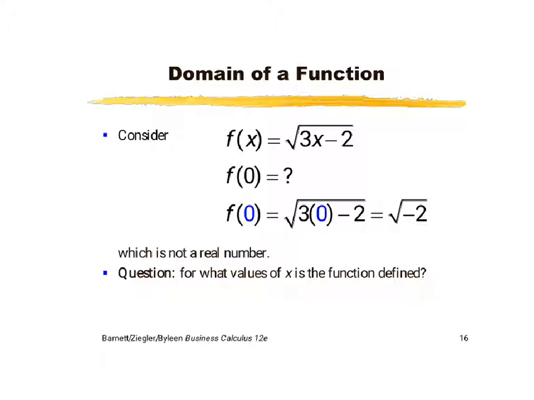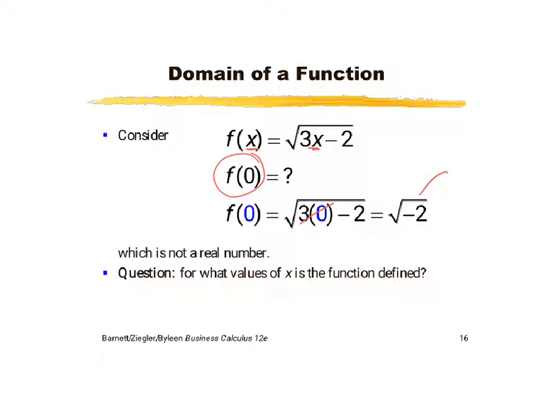Okay. Next we have 0. So here I have f of 0, which means to evaluate the function for 0 or replace x with 0 and determine our corresponding value of y. So when we do so, f of 0 is equal to the square root of 3 times 0 minus 2. And when we simplify that, 3 times 0 is just 0. So we end up with the square root of a negative 2.